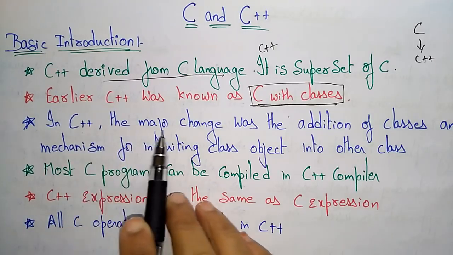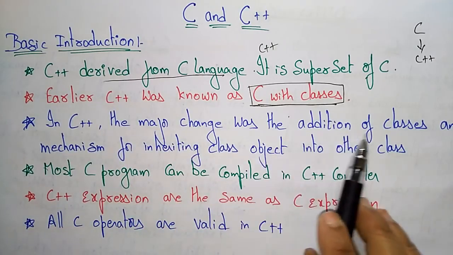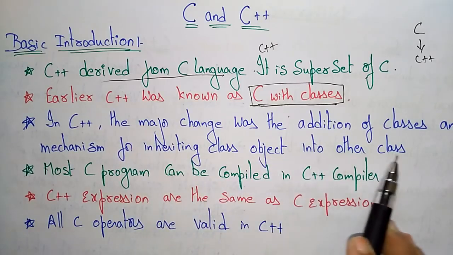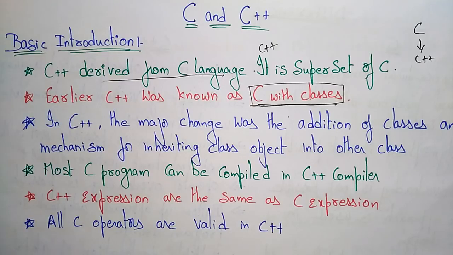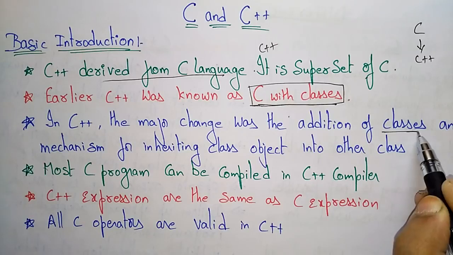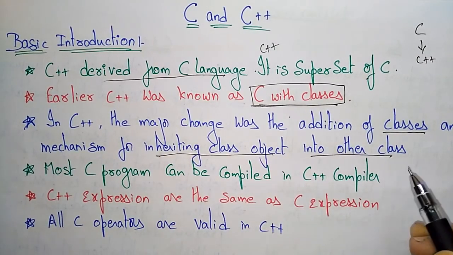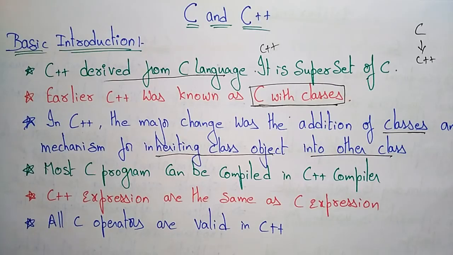In C++, the major change was the addition of classes and a mechanism for inheriting class objects into other classes. This concept was introduced in C++, but it is not there in C.